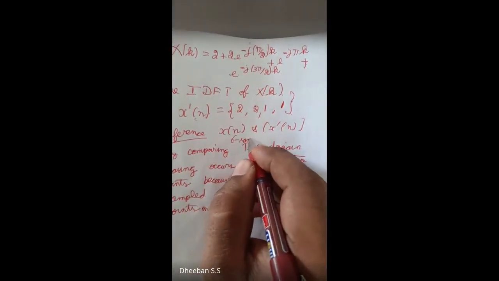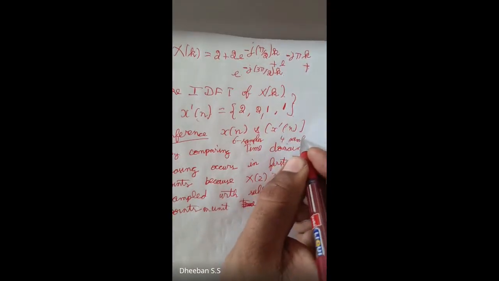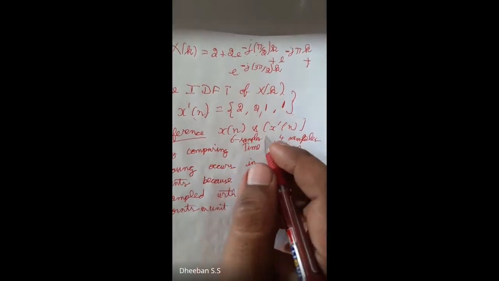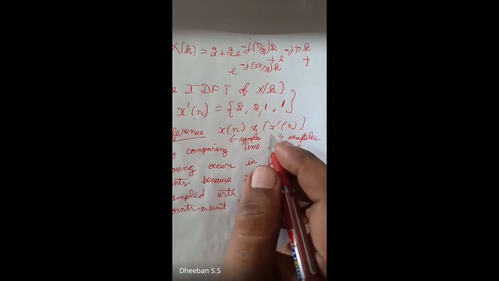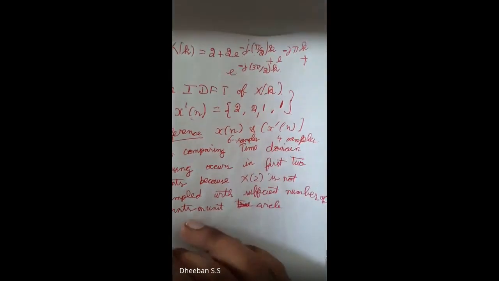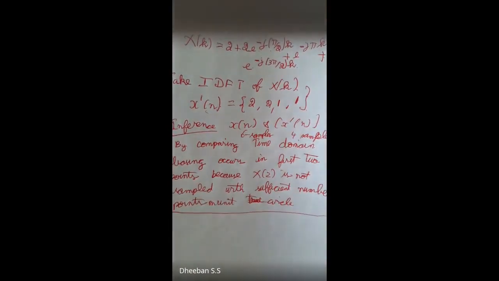That's what they're saying, so both are not equal. Okay, so this is the inference we can get from it. This is your example number 3.